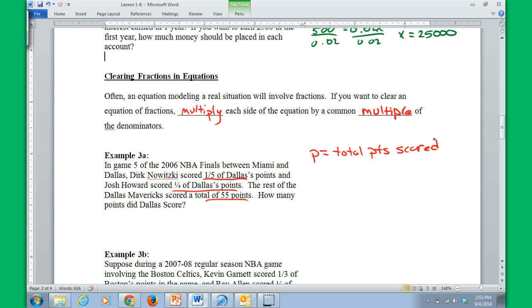If P is the total of points scored, I know that that's going to be equal to all the ones that Dirk scored plus Josh plus the rest of them. So if Dirk scored 1/5 of the total, it'll be 1/5 P plus 1/4 P for Josh plus the total that the rest of the team scored, which was 55.